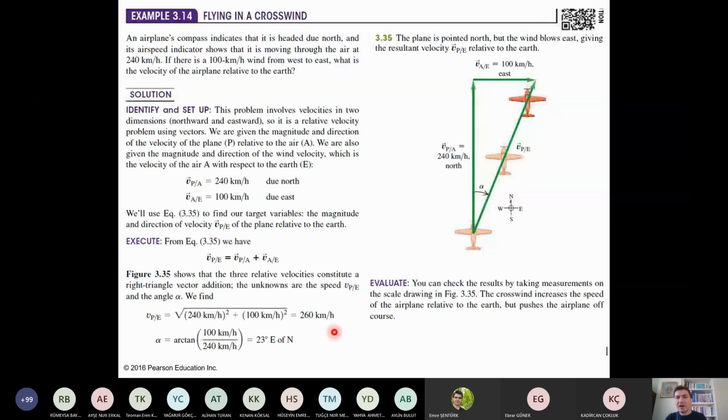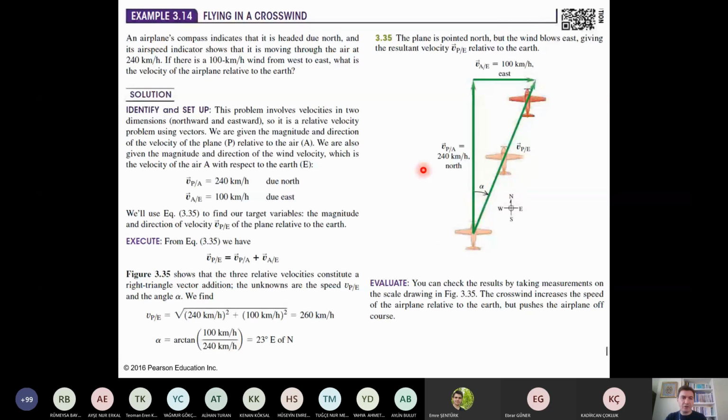And here we have alpha. So what is this alpha? The angle between the north and the direction of the plane relative to Earth is given by alpha, and it can be calculated by using this side over this side, okay?